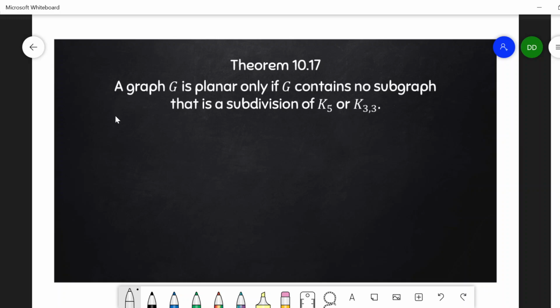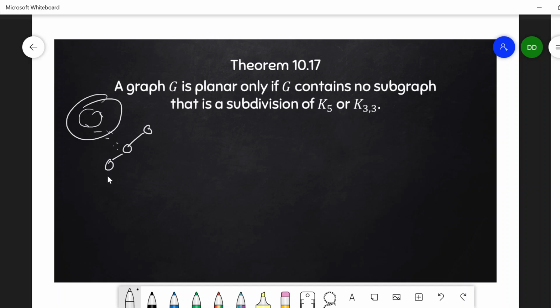Let's assume it has a K5 subdivision in it. So here, maybe we have some part of the graph, some stuff going on, and if we expand this part of the graph, maybe we see that we have a subdivision of K5.